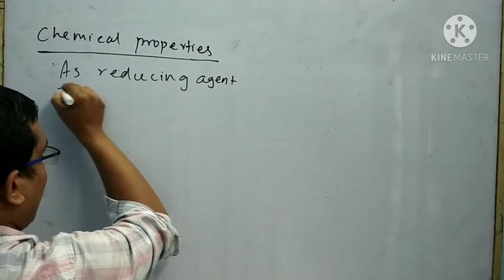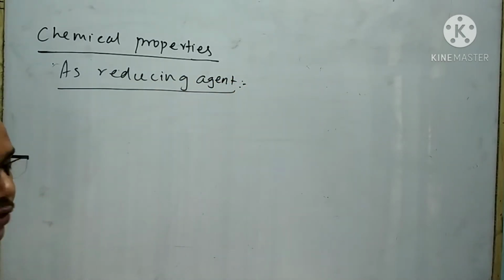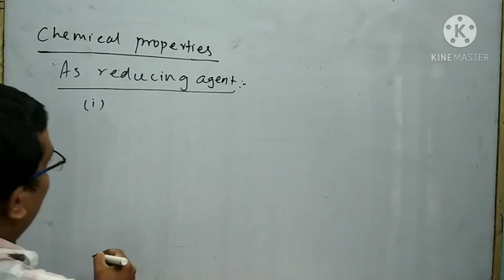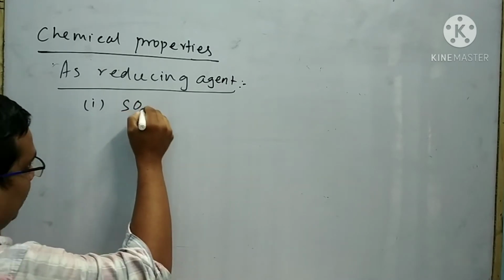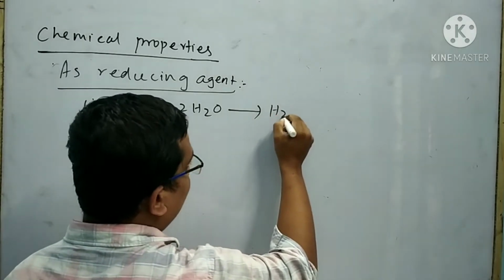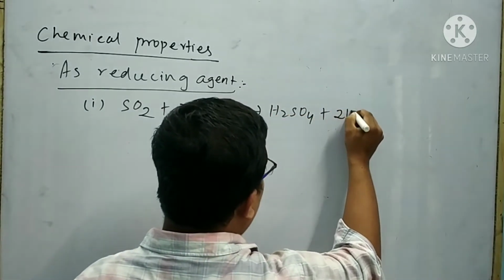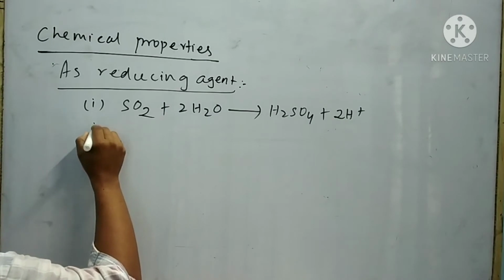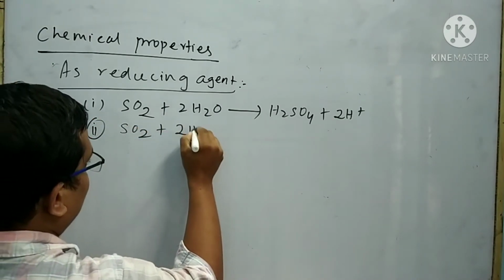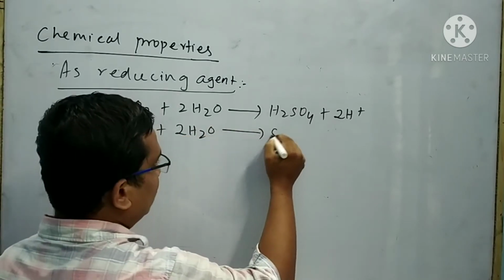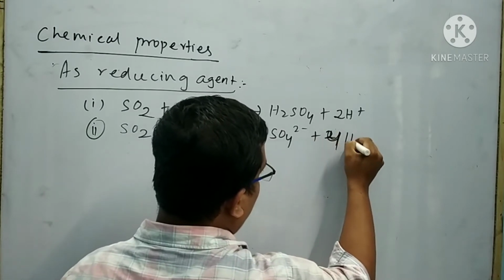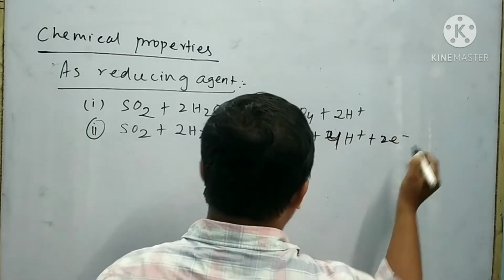Sulfur dioxide acts as a strong reducing agent due to the following reactions. Reaction number 1 is SO2 plus 2H2O gives H2SO4 plus 2H plus. Another reaction is SO2 plus 2H2O gives SO4 2 minus plus 4H plus plus 2 electrons.